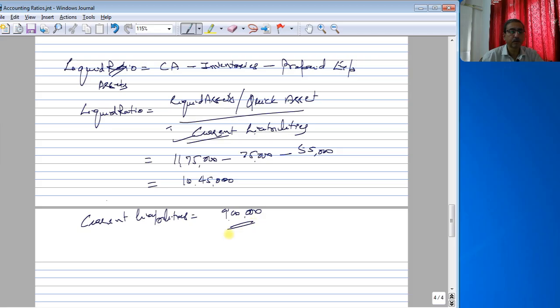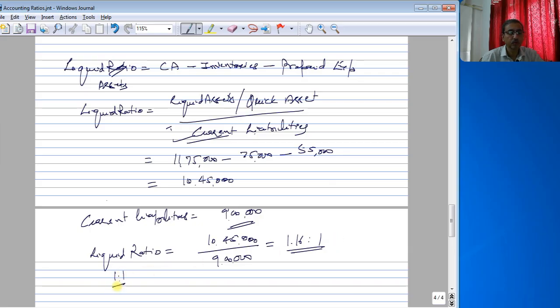Now we calculate our liquid ratio. That is 10,45,000 divided by 9 lakh. Use your calculator, I am using mine. So that is 1.16:1. This is the ratio.